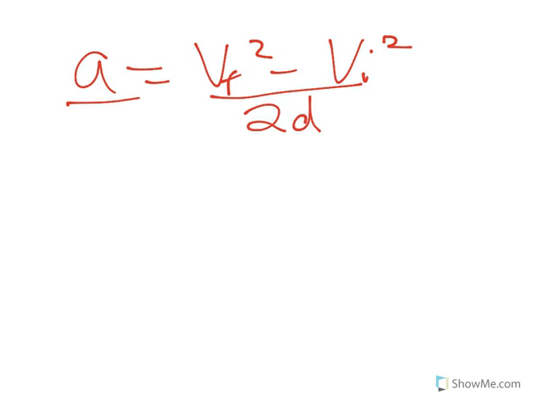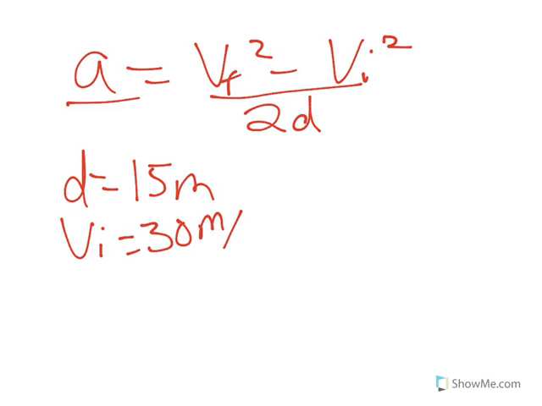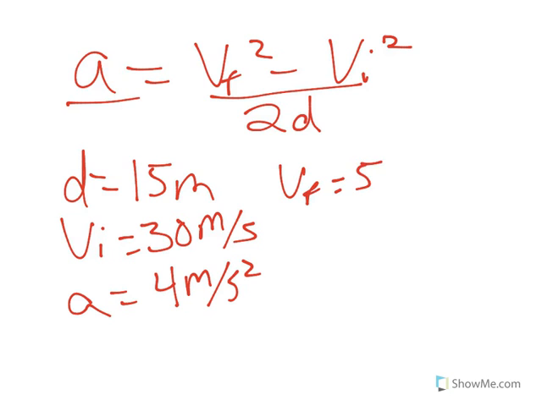If you want to know what I mean, just try to solve the time. If I said the distance was equal to 15 meters, you had an initial velocity of 30 meters per second, an acceleration of 4 meters per second squared, and a final velocity of 50 meters per second. All right, try to solve for the time.